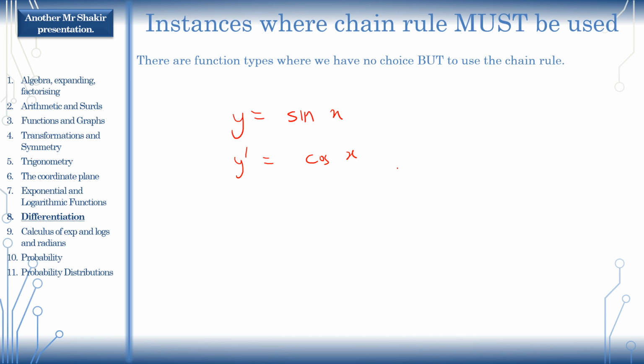Okay, but what if you have something like y is equal to sine of 5x? See, it's the chain rule now. You have a function inside another function. You have 5x here. You have to use the chain rule. And so, yes, look, you got to know it. Make sure you practice it a lot. You're going to be really good at it and just be able to do it fluently without making mistakes.